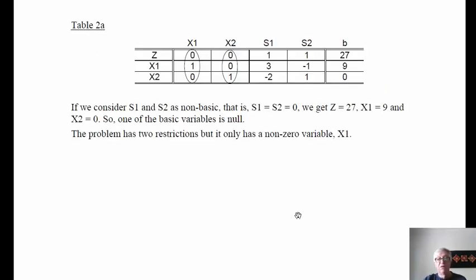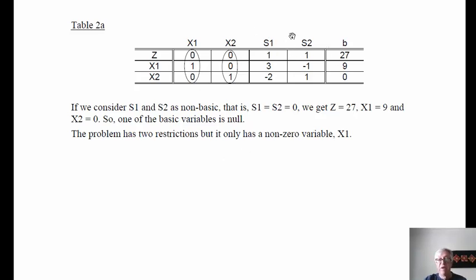And here we have our table. In this table, we have the basic vectors, x1 and x2, the column of x1 and the column of x2. So s1 and s2 are non-basic.